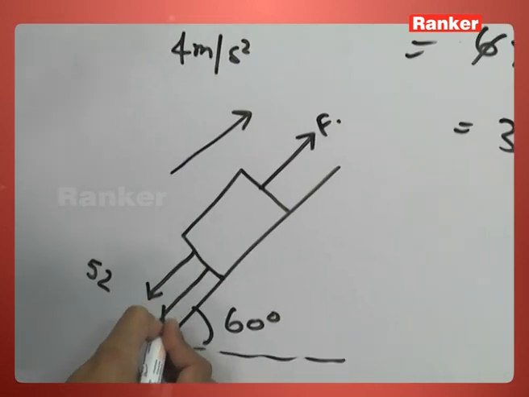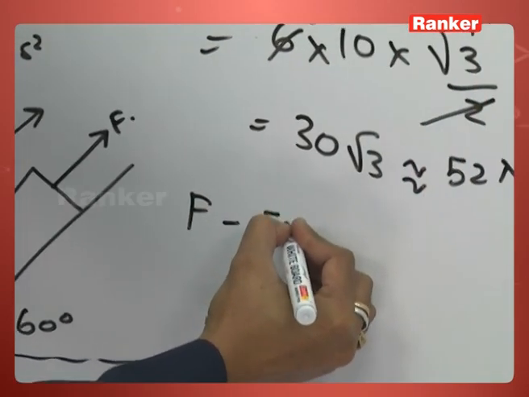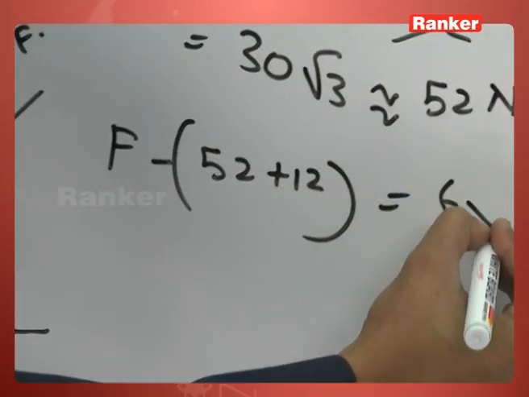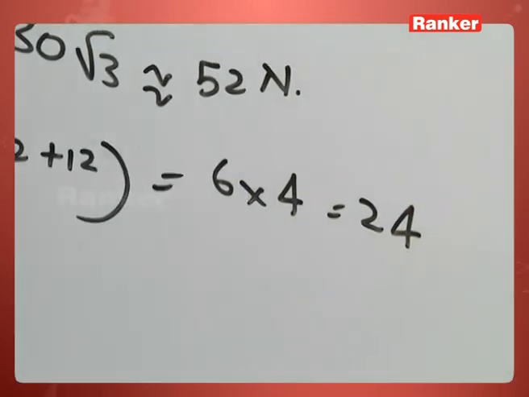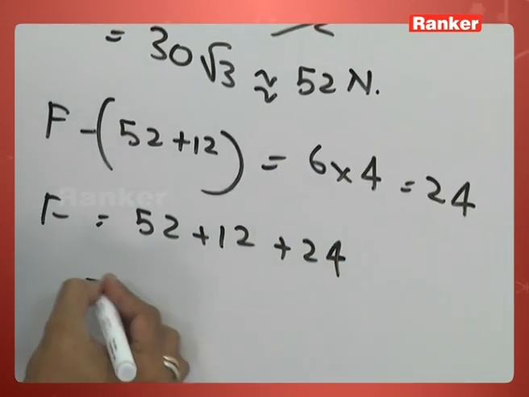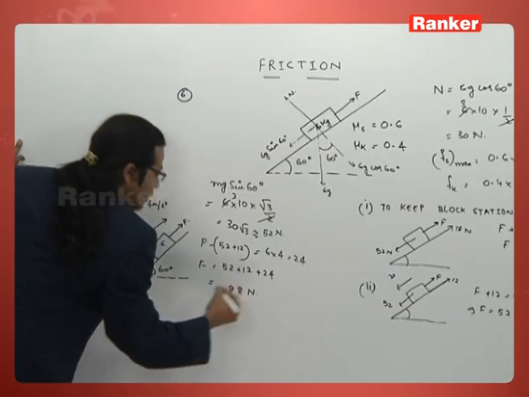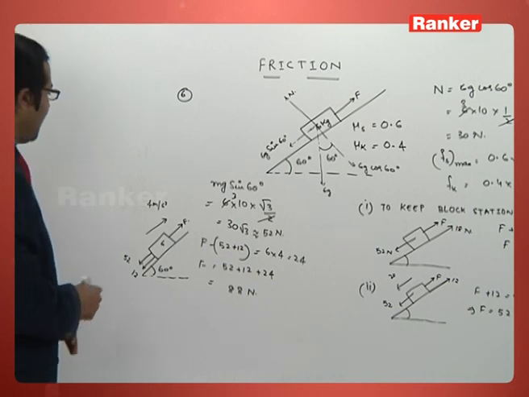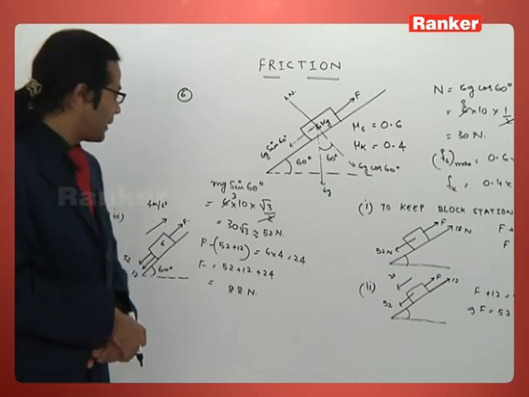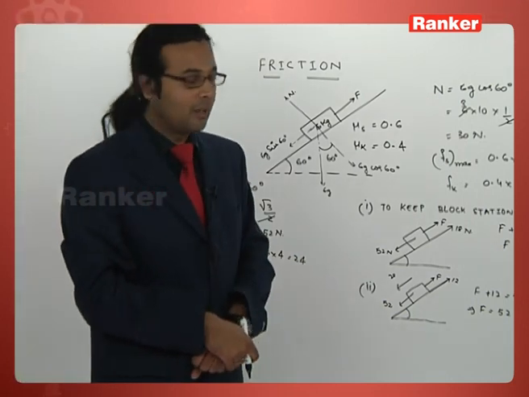So F minus 52 plus 12 is equal to the mass of the block, 6 into 4, that is 24, or F is equal to 52 plus 12 plus 24. So the required force is 88 Newton to make the block move upward with an acceleration of 4 meter per second square. So the correct option will be B.